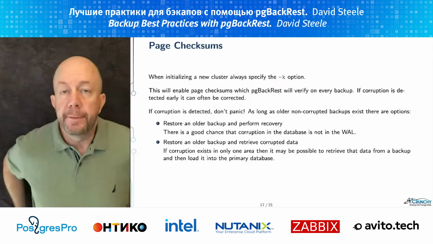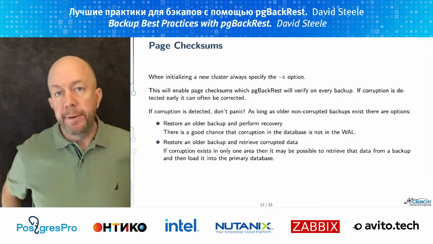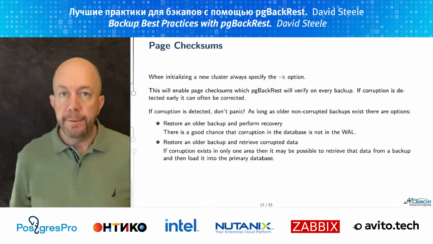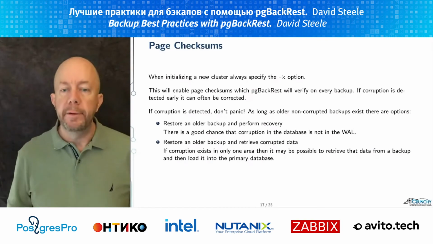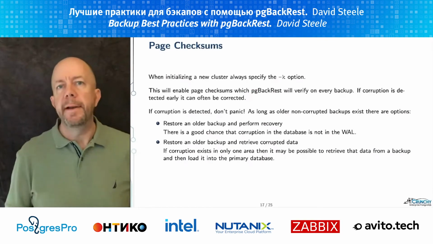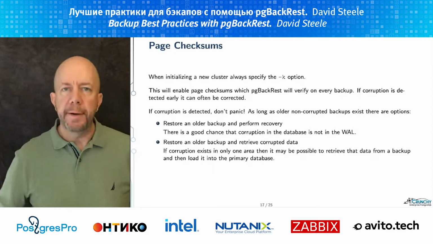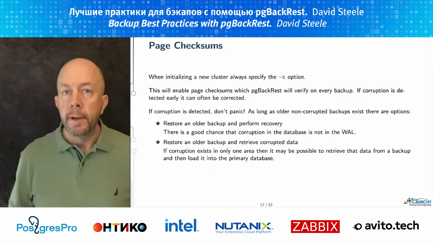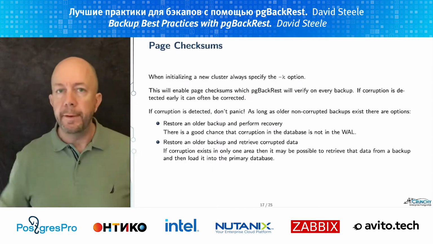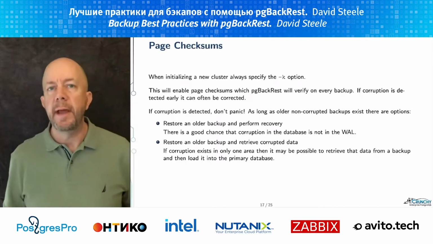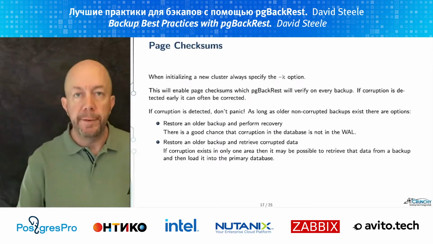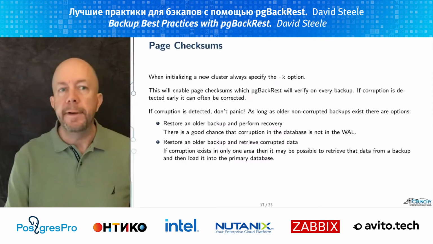You can also do things like, if it's just an index, you can just rebuild the index. Again, after you've addressed the underlying I/O issue, you could just rebuild that index from the table and you're good to go. But the nice thing is Backrest is going to tell you when you have these conditions, otherwise you may not know, because you may not be hitting that part of the index on a regular basis. And until you do, Postgres isn't going to give you the error.